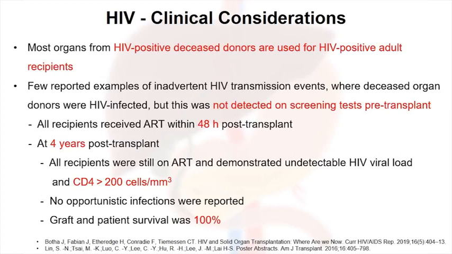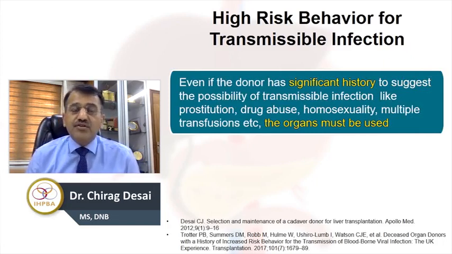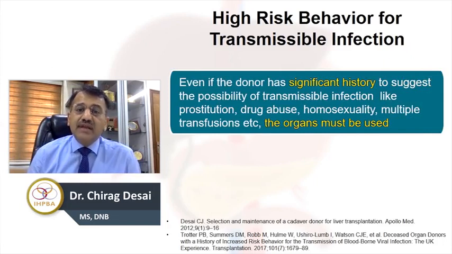So, having this background, if we consider clinically how to use HIV positive donors, most organs from HIV positive donors are used, if at all, for HIV positive recipients. At times, there are donors who have a history of high risk behavior, like prostitution, drug abuse, homosexuality, multiple transfusions, etc. Even then, the organ must be used as far as possible.